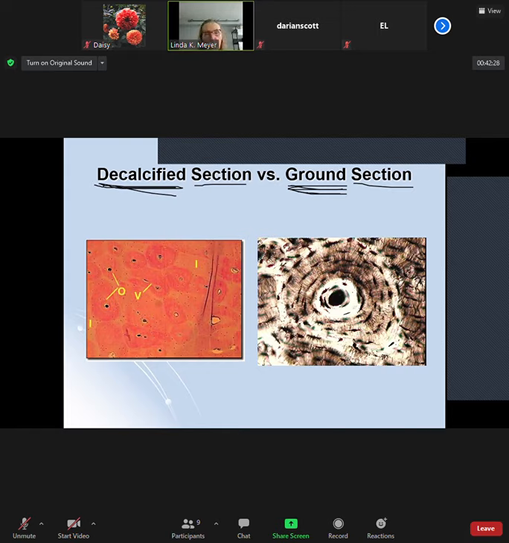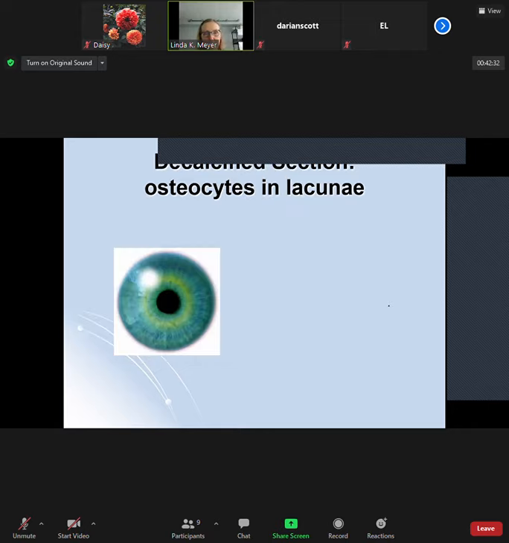Okay, so what do we see with the decalcified section for both bone and cementum? With Halloween coming up, I use the analogy that an osteocyte in its lacuna looks like an eyeball. If you just draw a circle to represent the lacuna, the cell nucleus of the osteocyte would be analogous to the pupil.